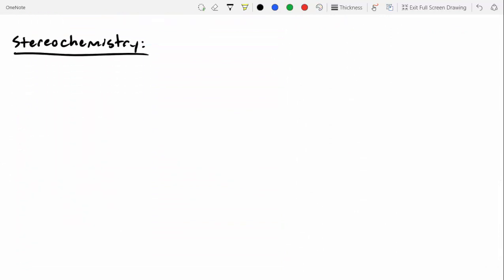All right. There's unique stereochemistry with this reaction that involves the syn addition of hydrogen and your alcohol. So let's take an example of this.